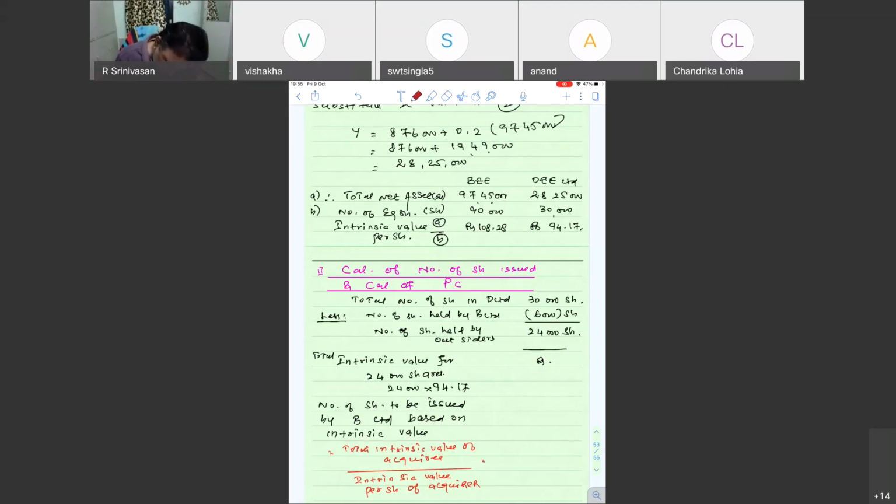So 22 lakh 60,000. Okay. The number of shares to be issued will be 22 lakh 60,000 divided by the intrinsic value of B Limited, which is 108.28.